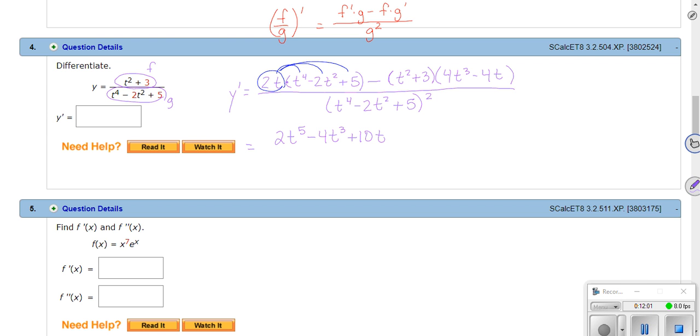So as I FOIL, I'm going to get what? Minus 4t to the 5th. The outer is going to leave me with positive 4t cubed. The inner, negative 12t cubed. And the last is positive 12t. Again, all of that over the denominator.